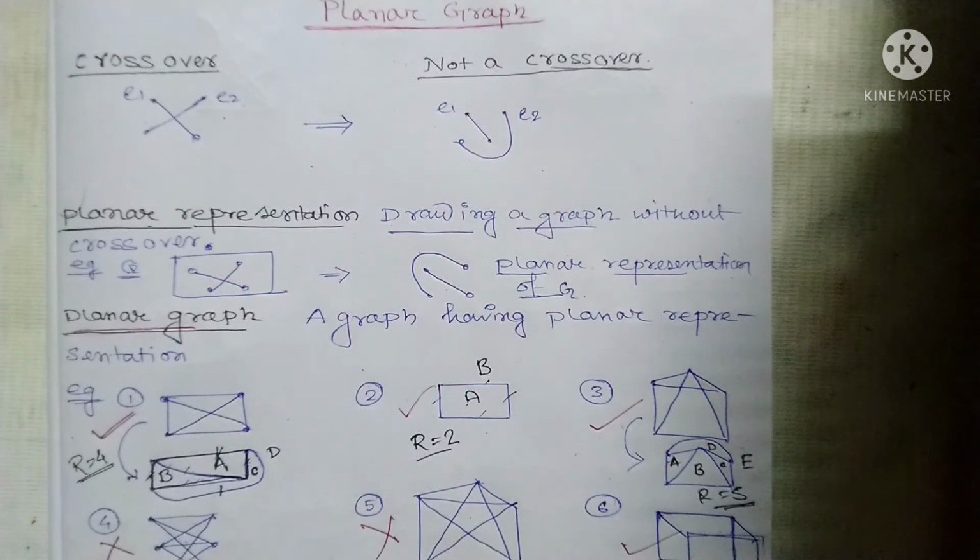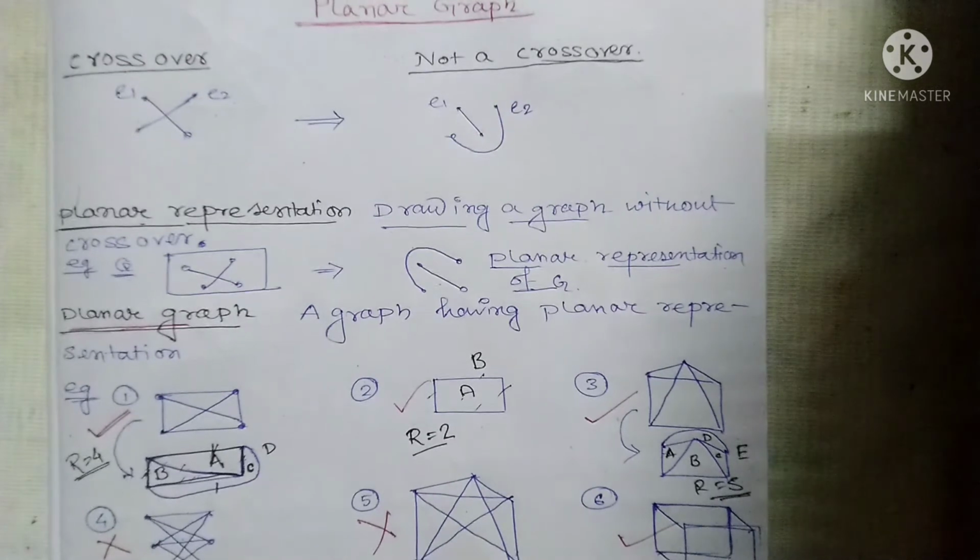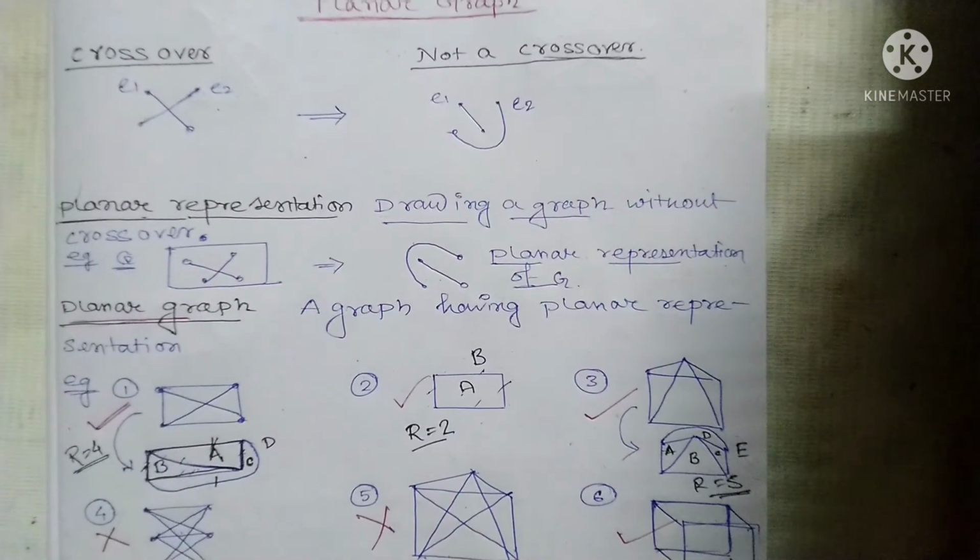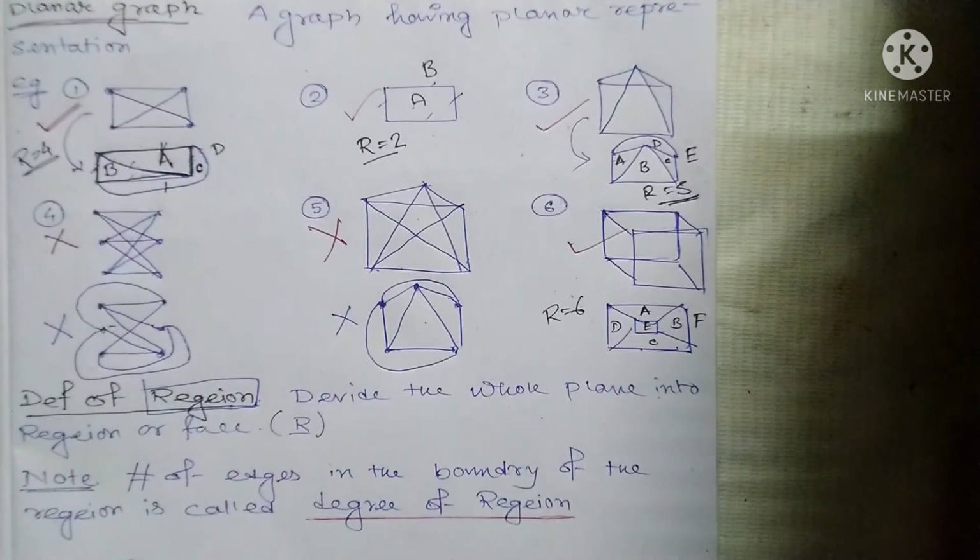So the degree of region A is 4. We can also see that the degree of region B is also 4. You can validate for all the graphs, and you can send the answer in the comment box. Okay, so this is the thing.